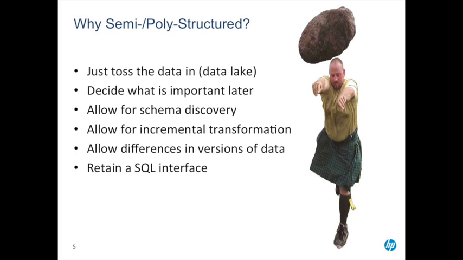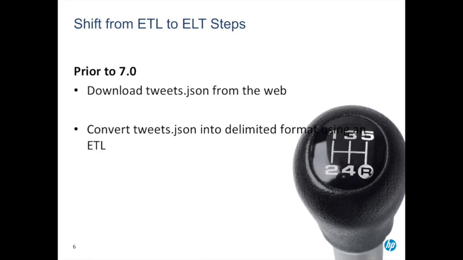Just to talk a little bit about what the change is. Prior to flex tables, in the example we're going to use today, I'm going to take you through using some JSON files and some Twitter data that you're going to bring in.